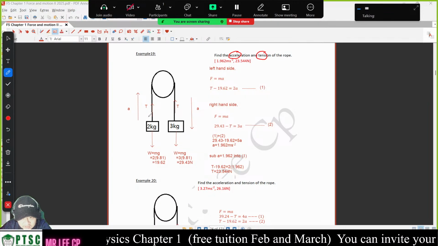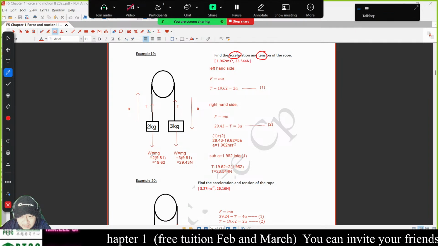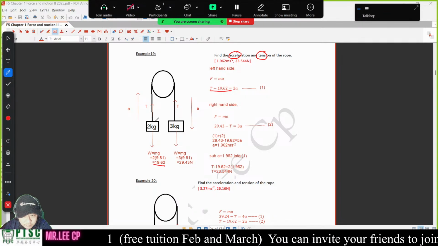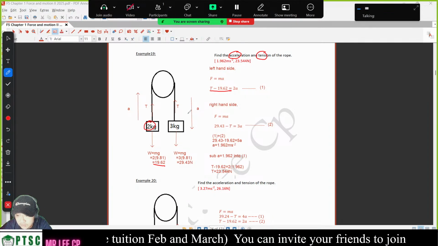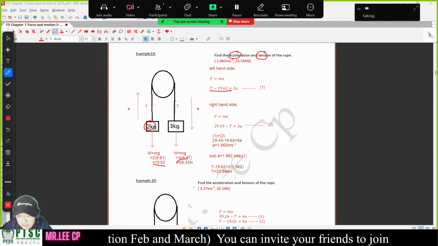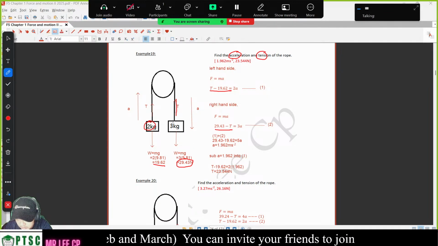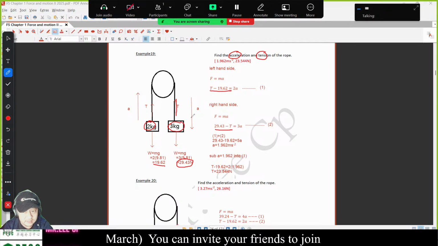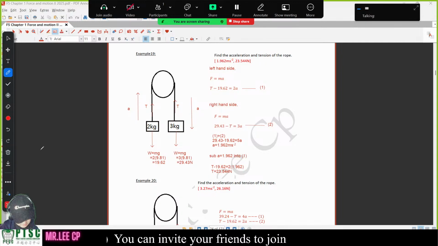This thing is going upward, so up minus down: T minus 19.62 is equal to 2A. This one is going downward, so the bigger one: 29 minus T is equal to 3A. So you get the second equation, solve them to get the answer. You can find A and T.